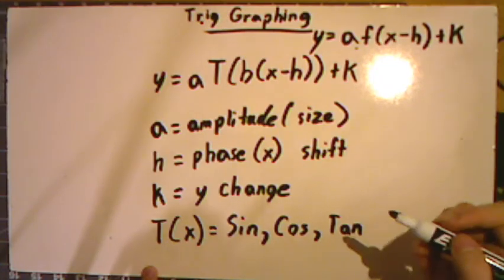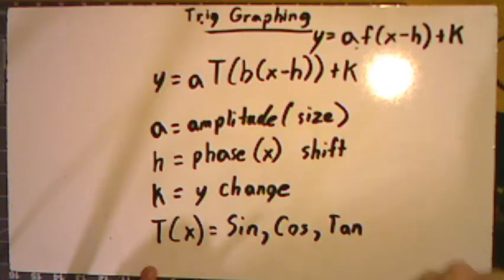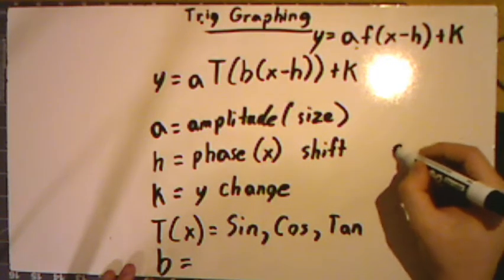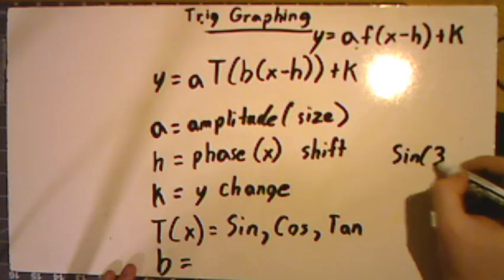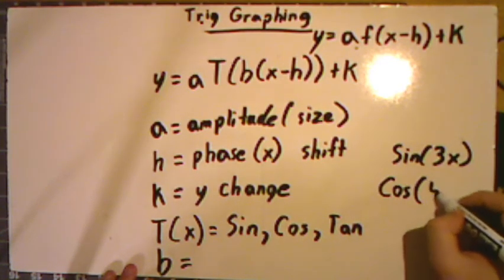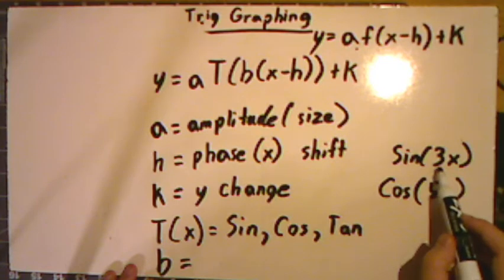Now the final value that is actually being added in is b. b is that multiplier inside of the function. When you have your sine of 3 times x, or your cosine of 5 times x, that's the 3 and the 5.